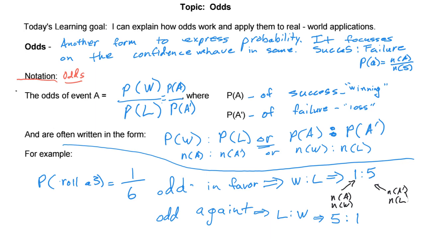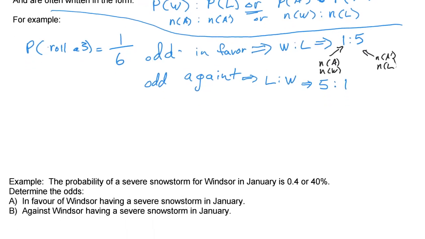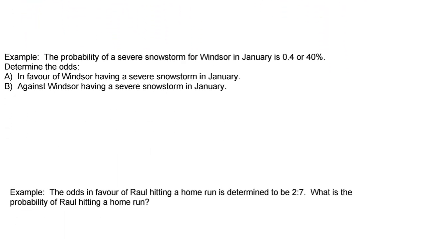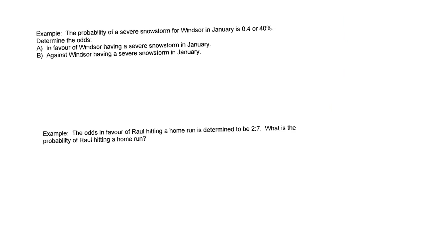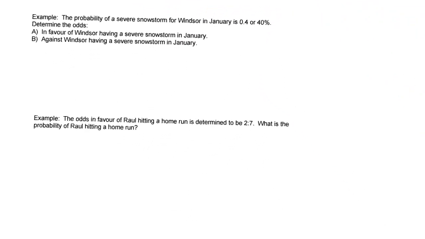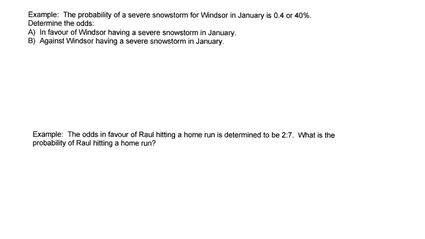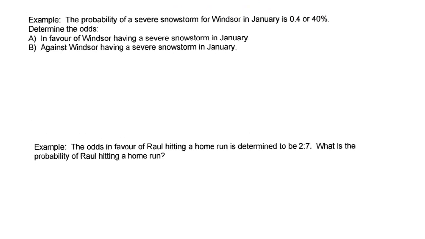So now let's move on to our next topic. An example: the probability of a severe snowstorm for Windsor in January is about 0.4 or 40%.